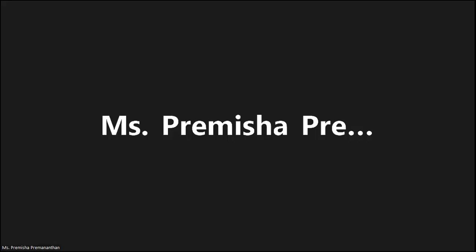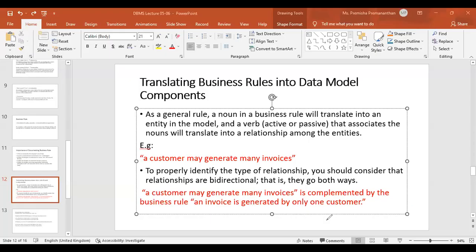Wait, I'll share my screen again. So the first rule is that all the nouns in the business rules are entities and the verbs in the business rules are relationships. The second thing is to properly identify the types of relationship: you should consider that relationships are bidirectional, that is, they go both ways.